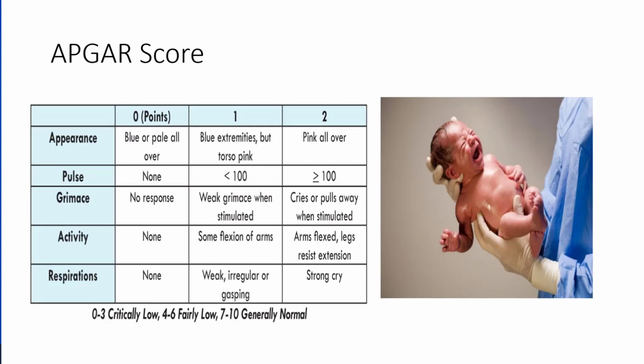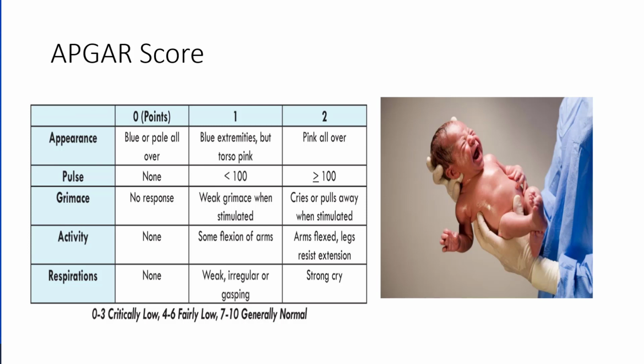So how we often categorize these: the first screening that a child will get when they're born is the APGAR score. The APGAR score is a quick test performed on the baby at 1 and 5 minutes after birth. The 1 minute score determines how well the baby is tolerating the birthing process. The 5 minute score tells the physician how well the baby is going to do outside the mother's womb.